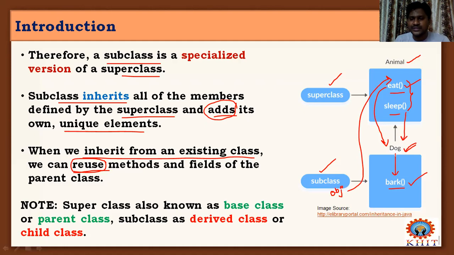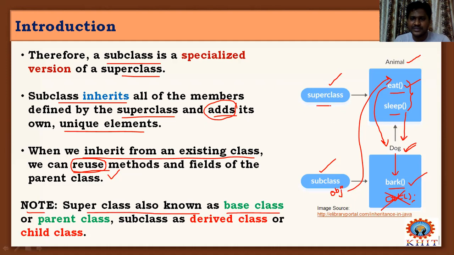So in the dog class, there is no need to create this eat method again, or any additional copy of a method the superclass already has. This is the advantage of inheritance in designing programs. This reusability concept reduces the program size as well as the complexity of designing the code logic of methods individually. Coming to this note point, a superclass is also known as a base class.